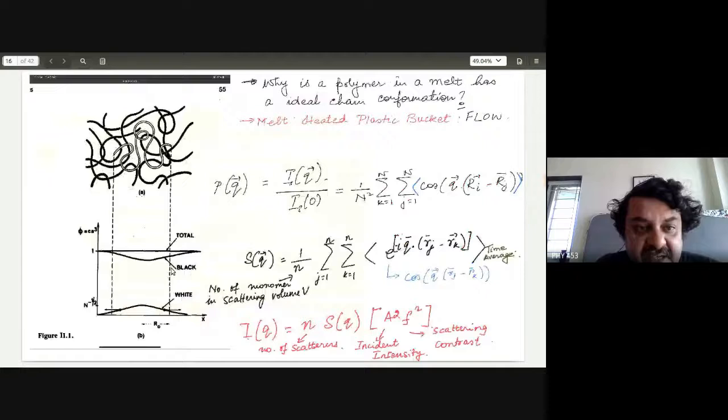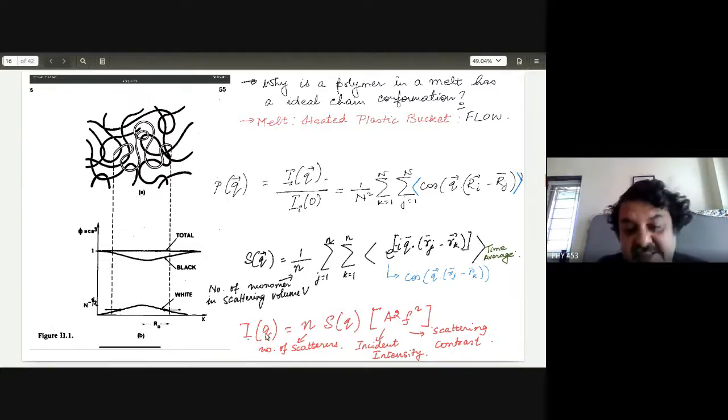And finally, before summarizing, I'll just write down the formula for the form factor. Notice that this is 1 by n squared, whereas S of q is given as 1 by n. The rest of the expression, the sum over j equal to 1 to n scatterers, looks rather similar, but there's a difference: this is n squared and this is n.